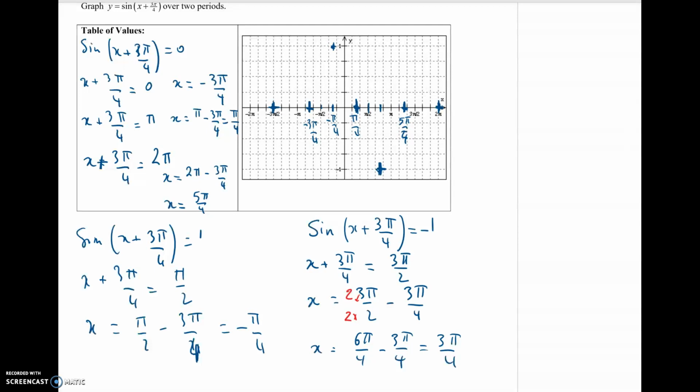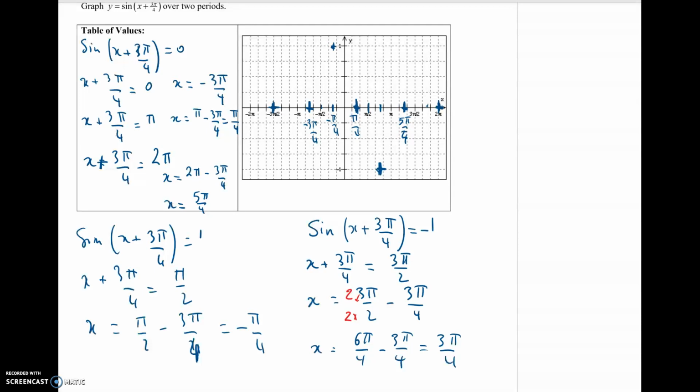So I can easily now, by effect of symmetry, define all the other values that will make my function equal to 0 or 1 or -1.